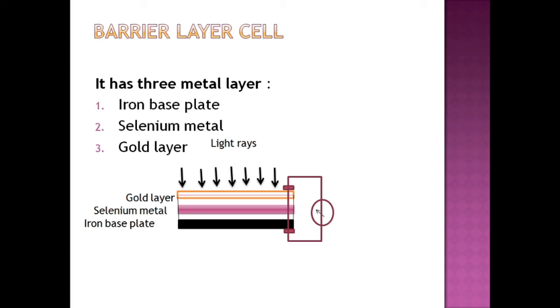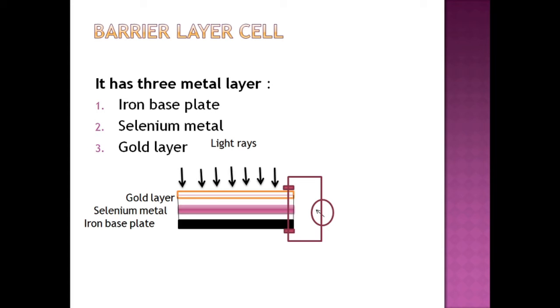This is a simple detector, but it is not used in sophisticated UV instruments because its sensitivity is low. Instead, this barrier layer cell is generally used in a colorimeter.